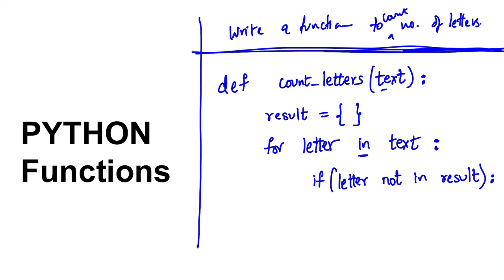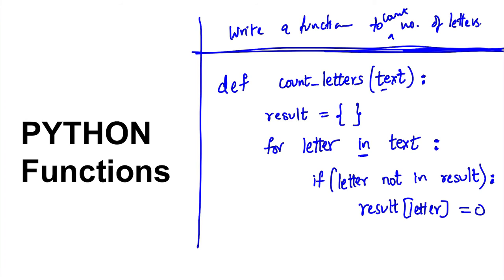I'm just writing rough code over here so that you understand the main structure of a function and how it works. Then, with indentation, result of letter equals 0.